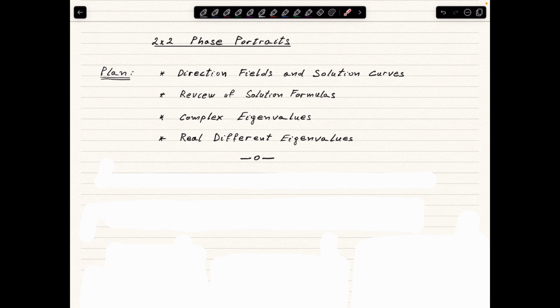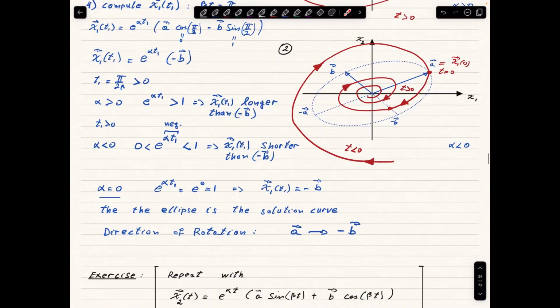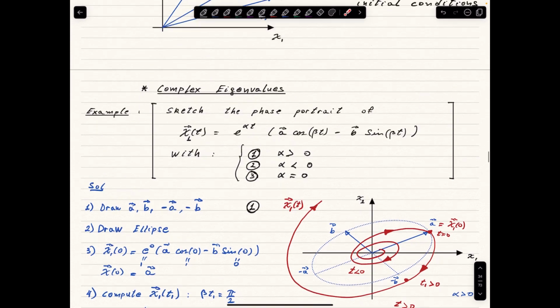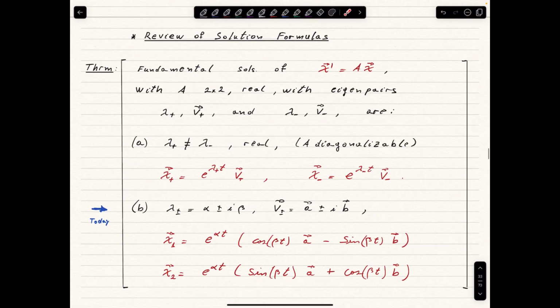Okay, let's start our video where we left off in the previous video. In the previous video, essentially, we reviewed the solution formulas for a system of linear equations like this one, where A is a constant 2x2 matrix with real entries.